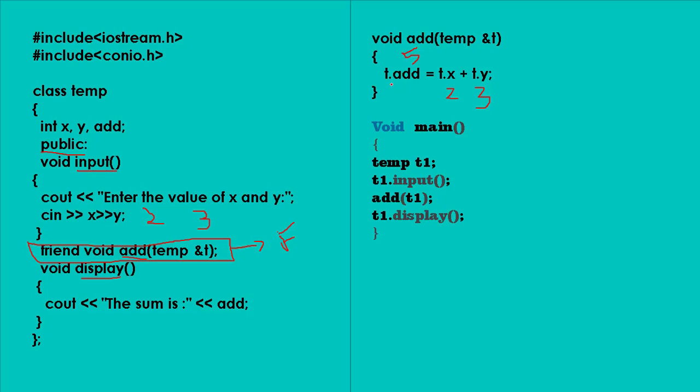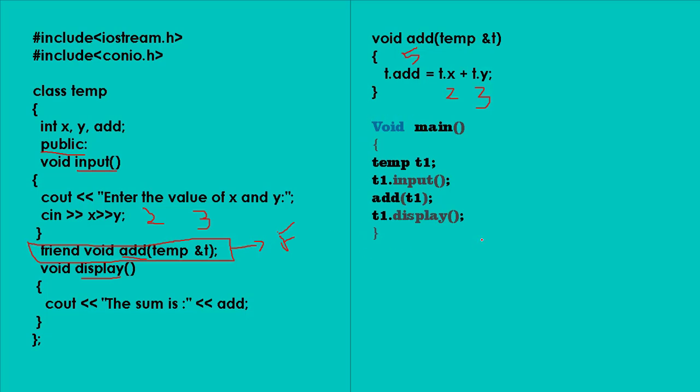When we are accessing the members of the class, we use the object name, that is t, and the member name, like x or y. So to access the members of the class we have to use object name dot member name. This part is called the friend function definition, and the other part is called the friend function declaration.